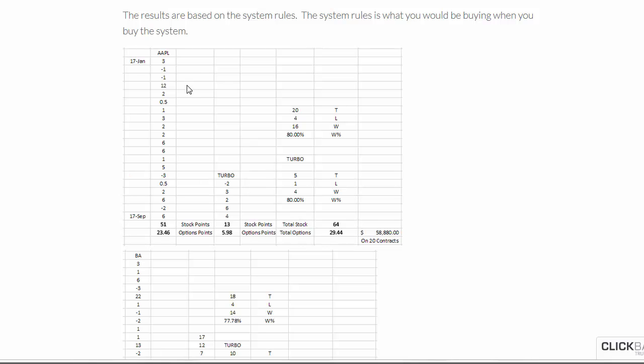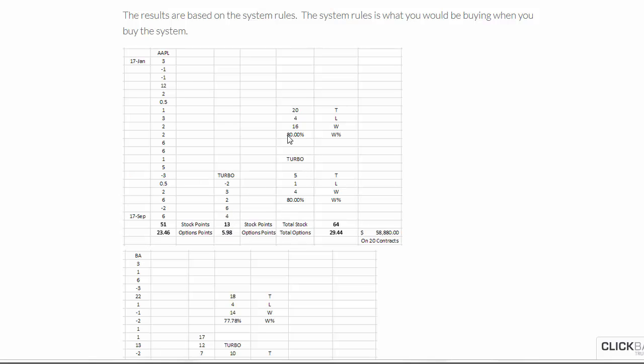It's results by the rules of the system, and you can see here on Apple, this is just 9 months of data here, just because it was done up until the current time, well, at least the time of this, which is not too long ago as of this recording. But you can see here on both the core, there's a core and then there's a turbo, core method, all right, fundamental method, and then you have the extra bonus turbo.